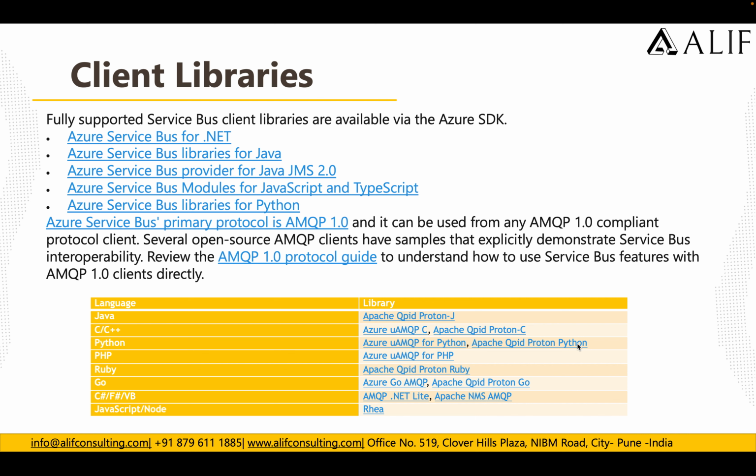You can review the guide, and there are some libraries which can be used for AMQP client integration. Yes, libraries for Java, C++, Python, PHP, Ruby, Go are all available which you can use for integration.